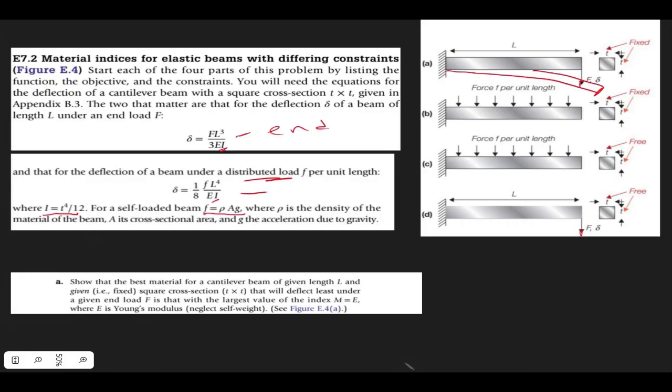Show that the material with the least deflection under a given load F has the highest value of material index M equals E. So they told us to derive the material index M equals E, where E is the Young's modulus.